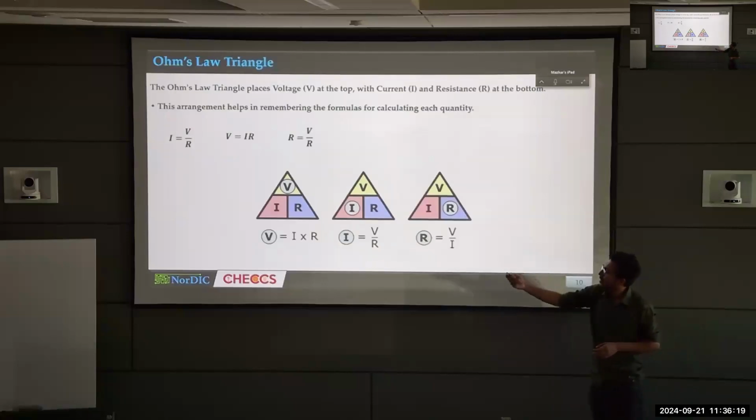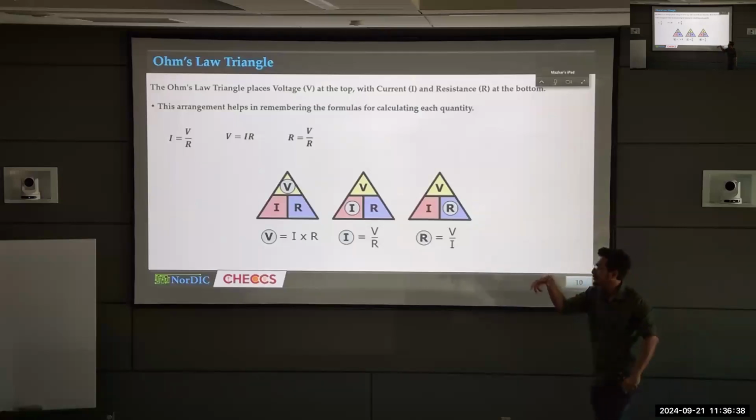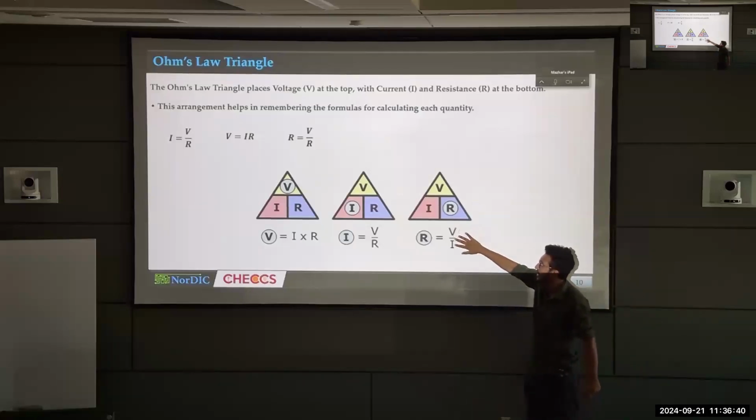So if you want to find V, it is IR, or I into R. I is voltage divided by resistance, and resistance is voltage divided by current. As Dr. Fatih was describing, you have the same material, but you are increasing the voltage by connecting another battery. If you connect two batteries, you see that the current is twice.